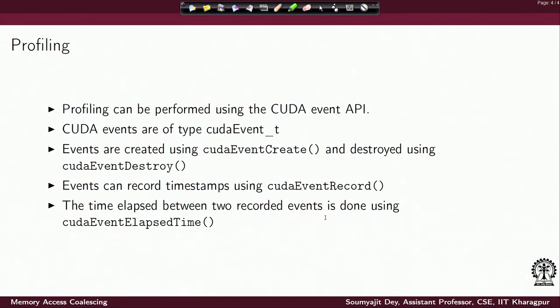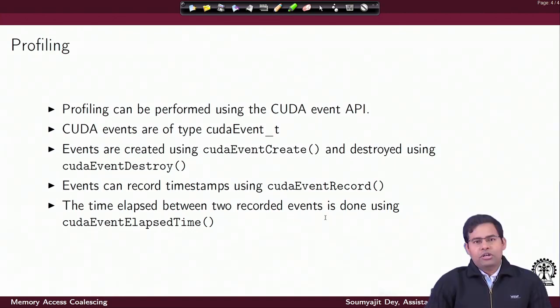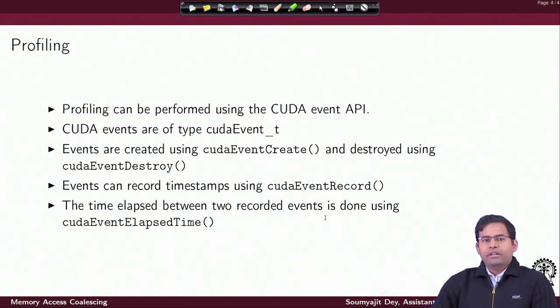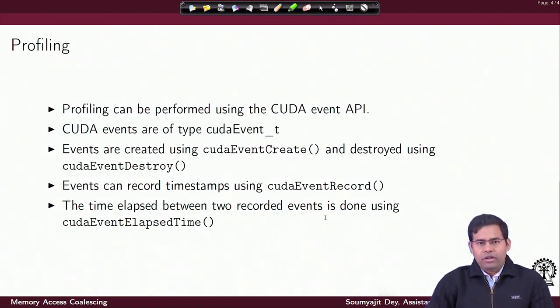In CUDA, the Event API provides you with the profiling primitives, and there are several types of CUDA events. They are all available under the type cudaEvent_t. Events can be created using the function cudaEventCreate, and created events can be destroyed from their scope using the other function, cudaEventDestroy.